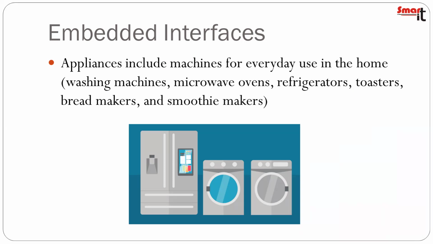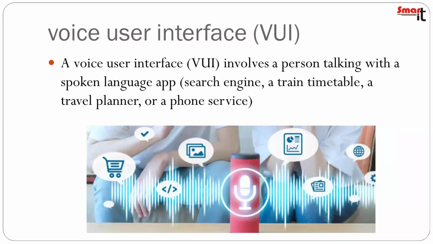At once we don't feel it is just a computer, but it is also like that. Washing machines, microwaves, refrigerators. There are some interfaces that we can't directly see, but something embedded is there. So that is called embedded interfaces.